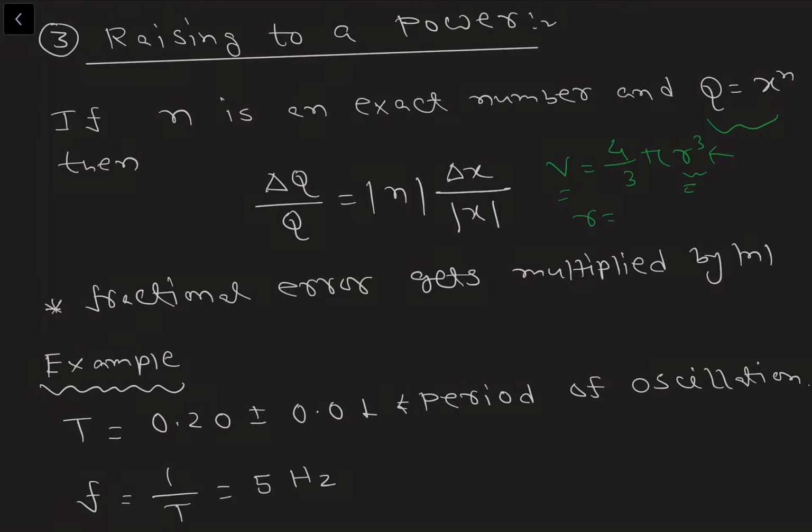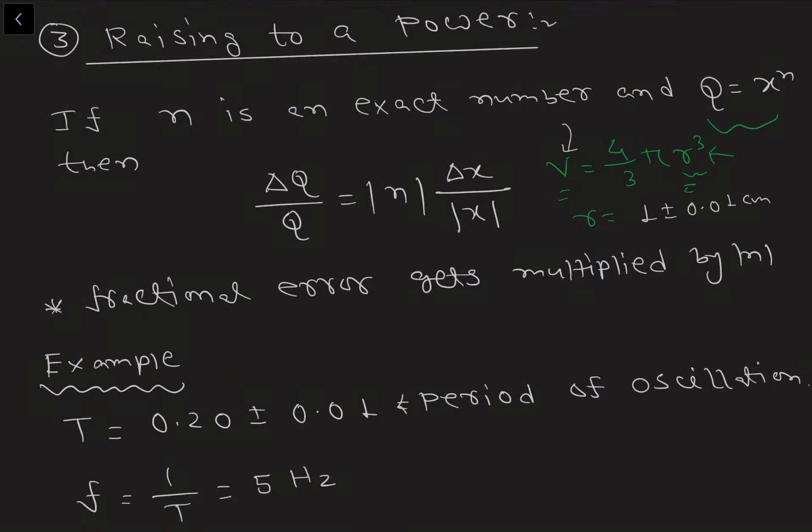When we measure r, r has an error. Say the radius of a sphere is given by 1 plus or minus 0.01 cm. So what will be the error in the calculated volume?